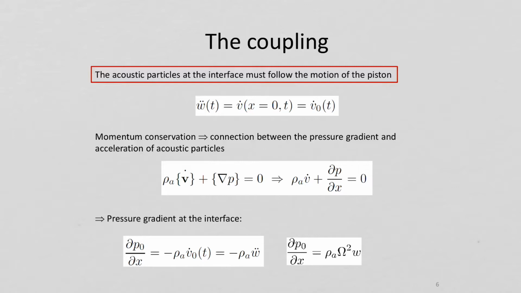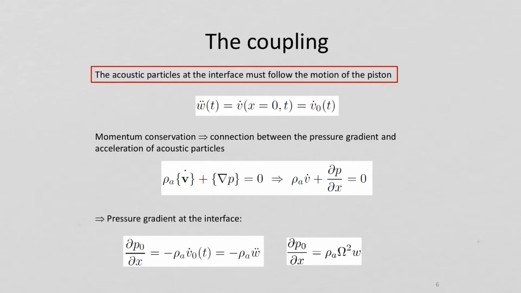We have a boxed expression that states how this should be interpreted. What we state here is that the acoustic particles at the interface must follow the motion of the piston. So imagine your piston is moving back and forth. Then of course the acoustic particles right in front of the piston must move along with the piston, right?